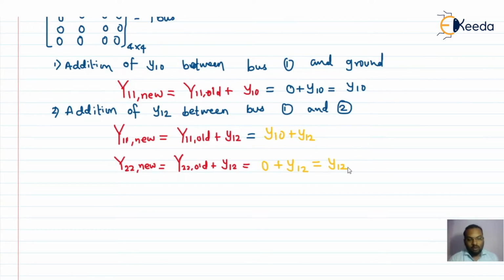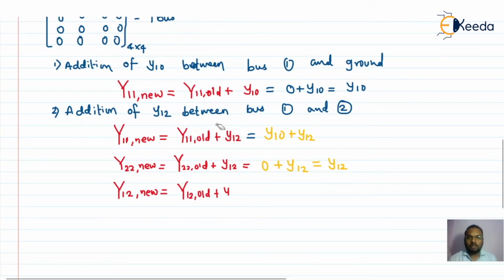Next is y12. It will be the old value, but with a minus because it is a transfer admittance. The old value is 0, minus y12, so it becomes minus y12.